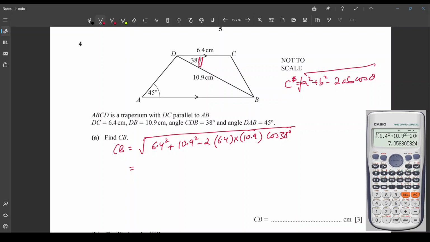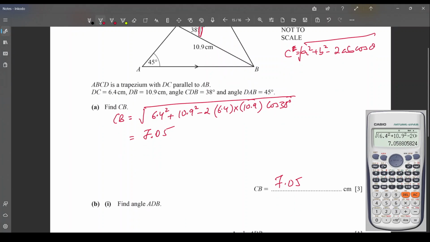So we get the answer as 7.05. 7.05 is the length of CB.